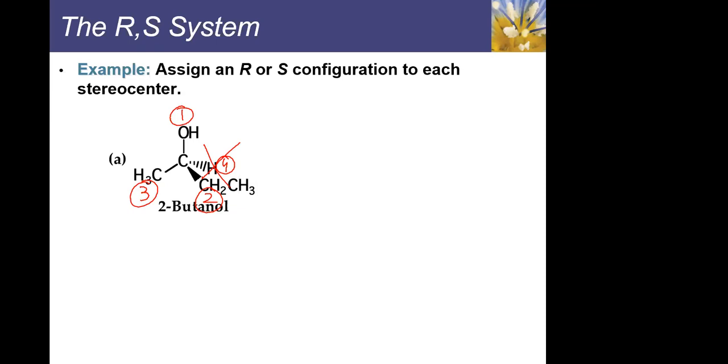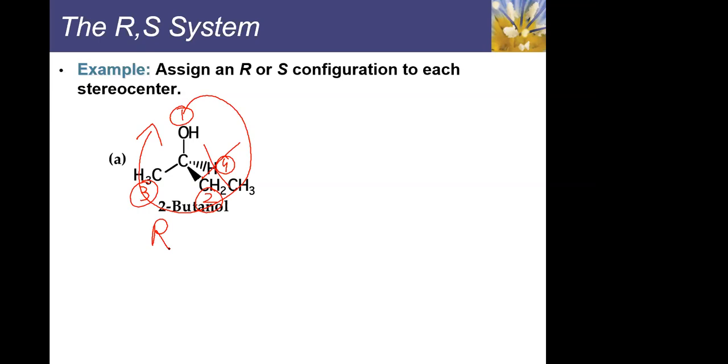Take the first 3, and go 1, 2, and 3. If you move clockwise, the way your clock moves, then this is your R configuration. If it is anti-clockwise, then it is S. Is it clear?